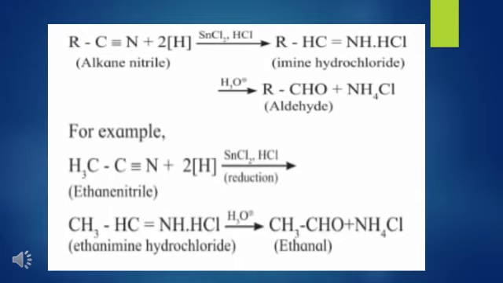After this, reduction is done with H3O plus and our product is ethanal, which is CH3 single bond CHO, plus NH4Cl. NH4Cl is ammonium chloride.